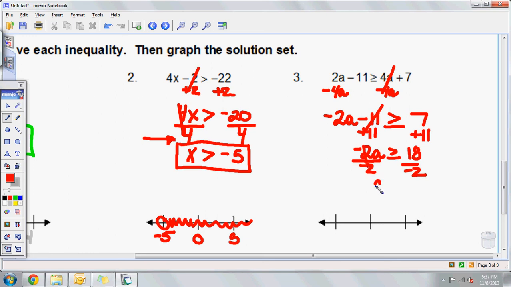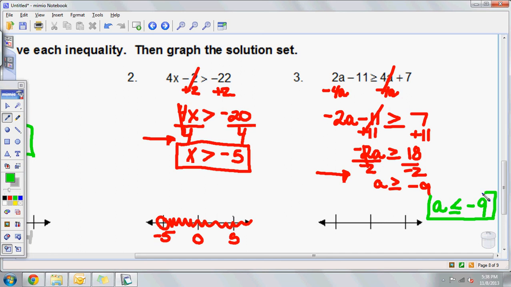So we have a is greater than or equal to negative 9. Remember, always ask yourself if you have to do the funky rule. I would look here, did I multiply or divide by a negative number? And I did. So that means I'm going to have to do my funky rule. So this is going to change to a is now less than or equal to negative 9.